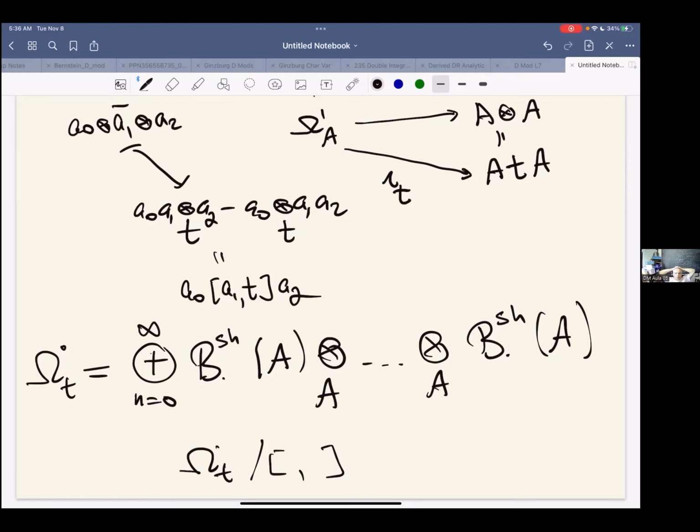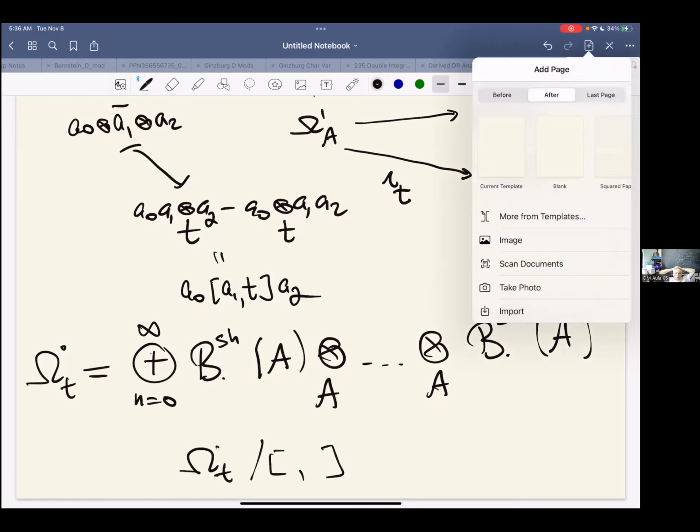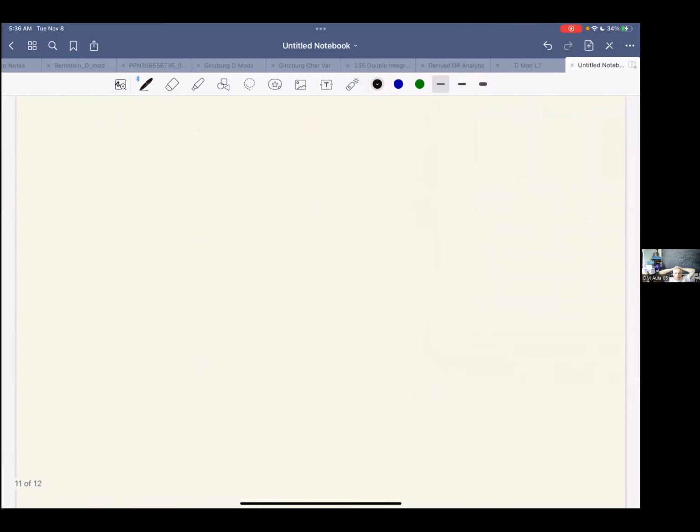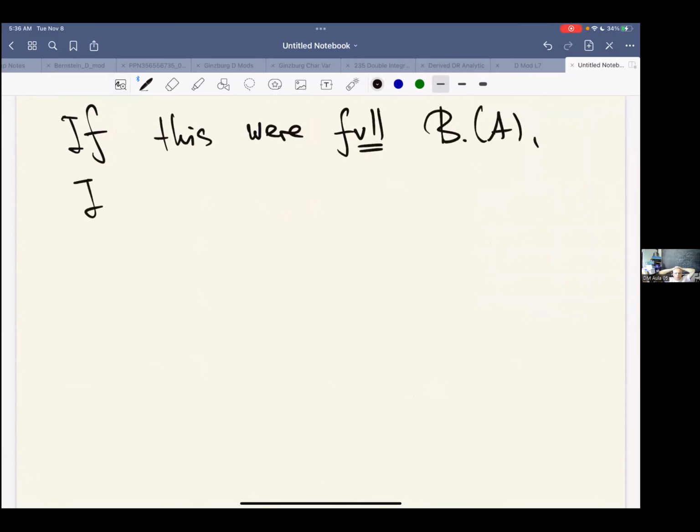So I would be done if it were the full bar resolution, I would know all.